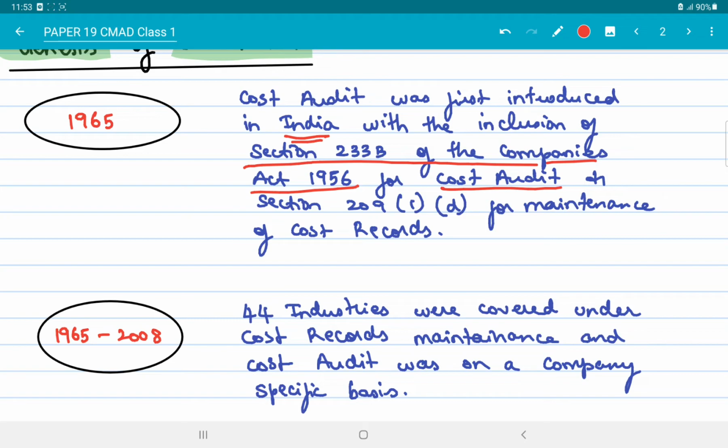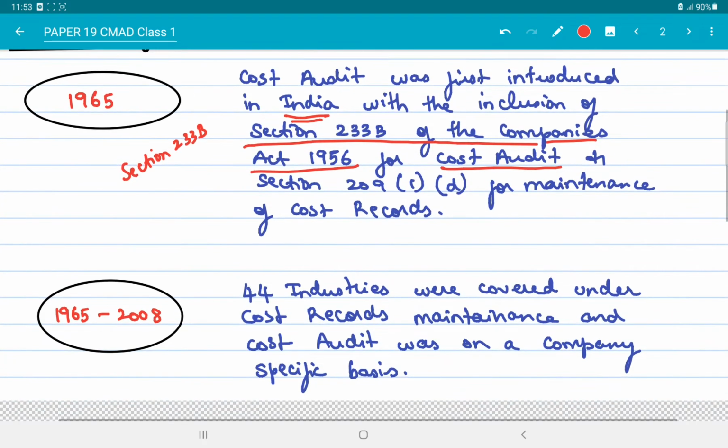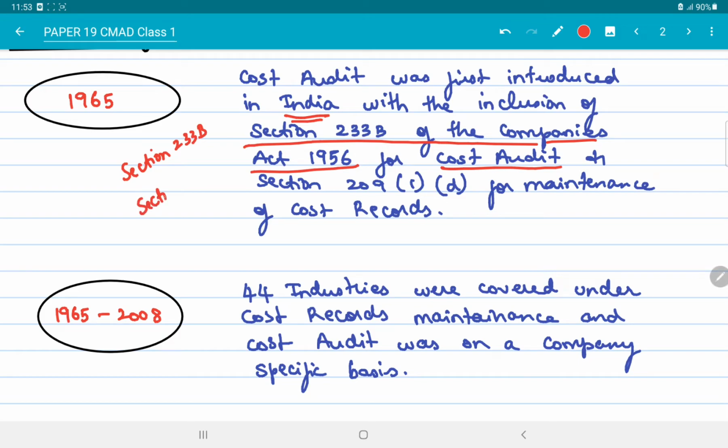And also there was one more section, 209(1)(d), for maintenance of cost records.